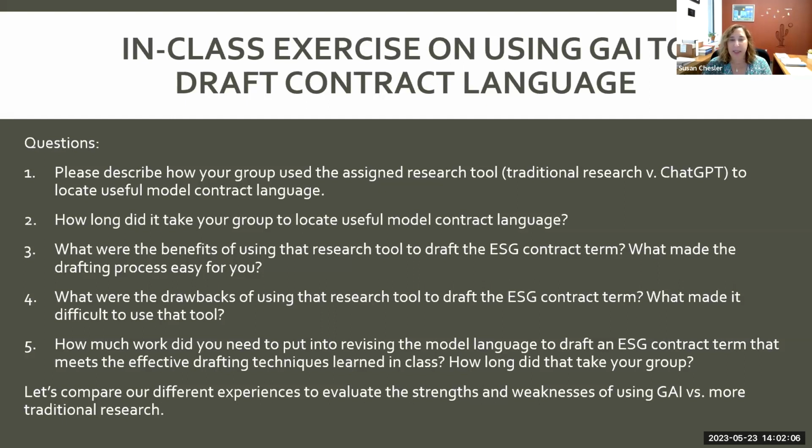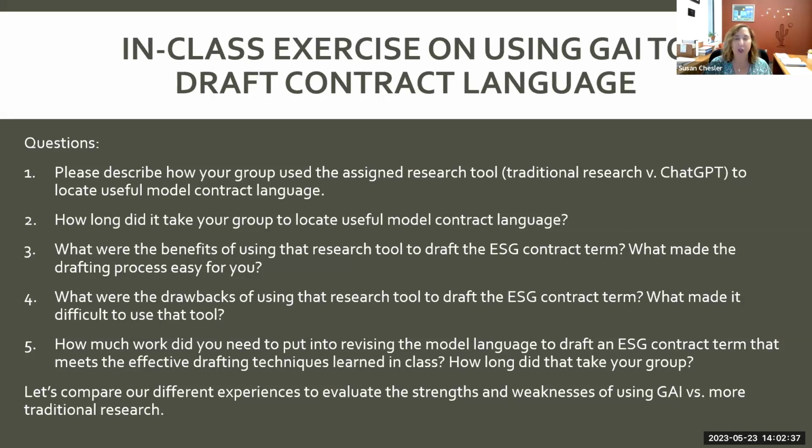Using ChatGPT to draft this contract clause, of which the students have no knowledge and no experience, the prompt engineering is somewhat difficult. So it's actually most useful, and hopefully we'll all figure that out together collaboratively at the end of the exercise, if they go on the traditional research tools first and find some model language so they have a sense of what it should look like, what types of provisions should be in this clause.